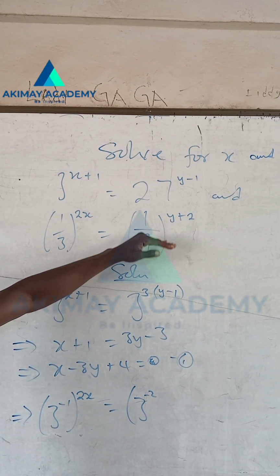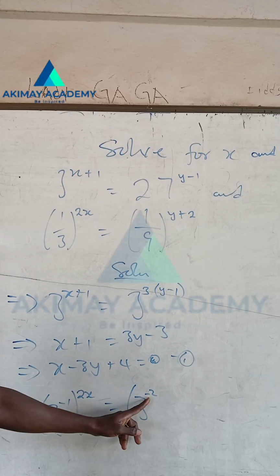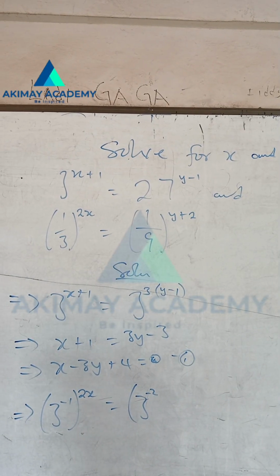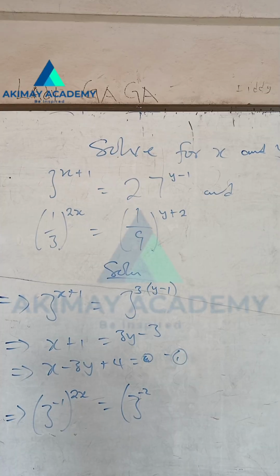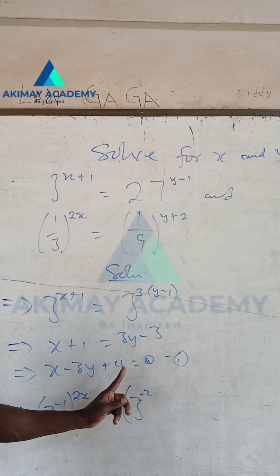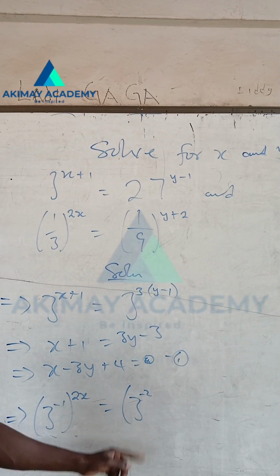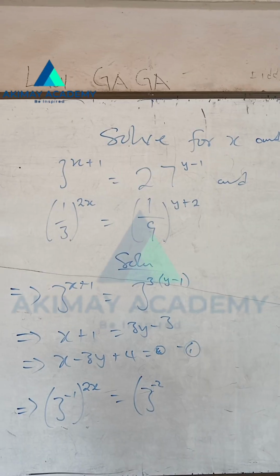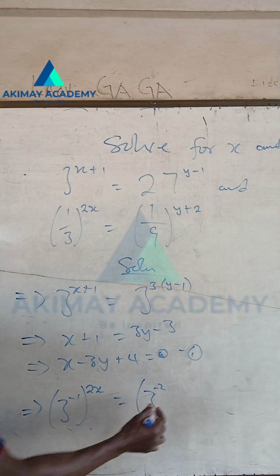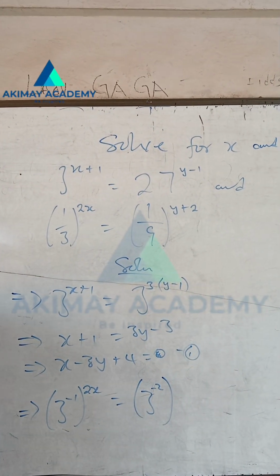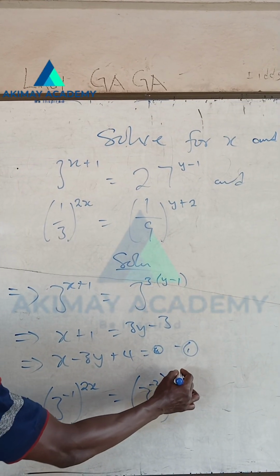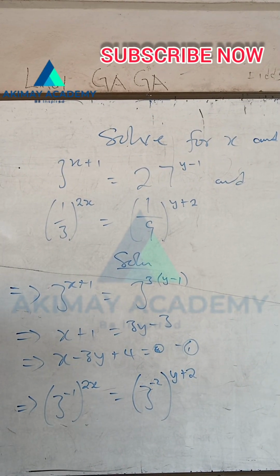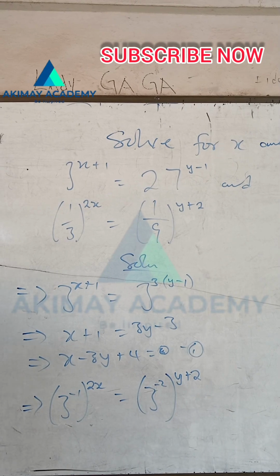When everything is going up, the positive becomes negative. In the same manner, if we want to send it down, then our negative sign will go off. It will become 1 out of 3 exponent 2. Okay. So this is the simplest way of breaking them down. Then we have our exponent, which is y plus 2, sitting there nicely.